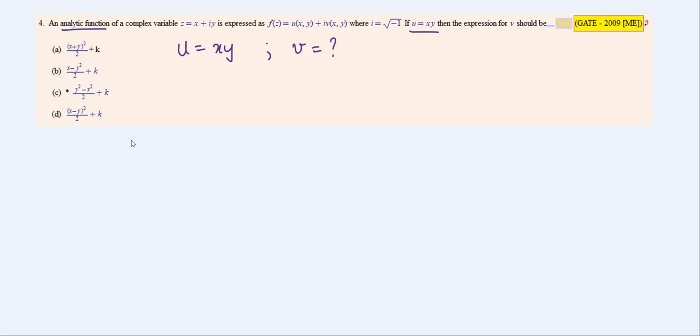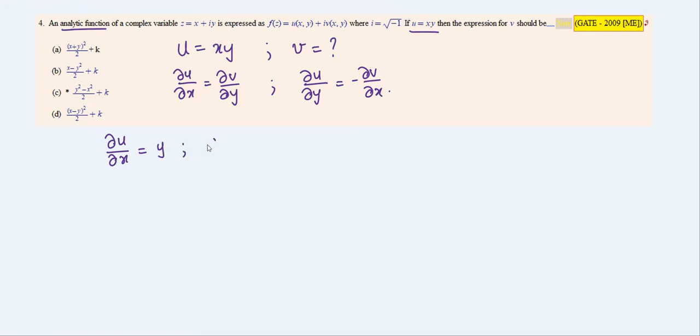So very simple. ∂u/∂x is equal to ∂v/∂y, and ∂u/∂y is equal to minus ∂v/∂x. So now differentiating u, ∂u/∂x we get y, and ∂u/∂y we get x.